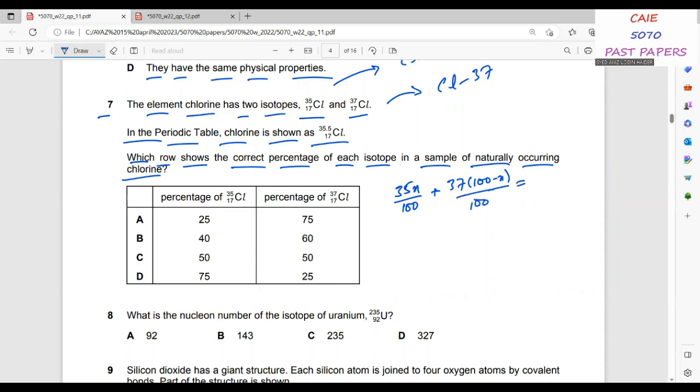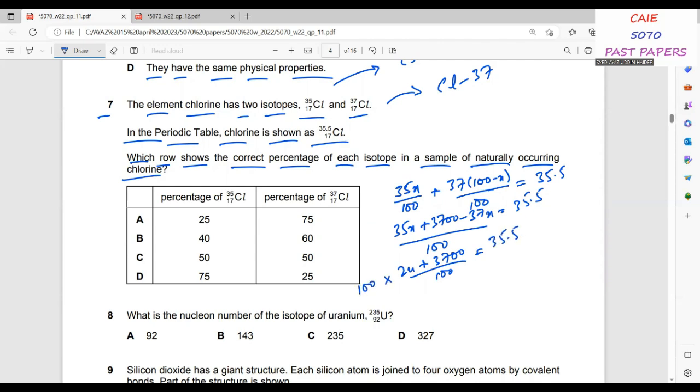The mass is given, that is 35.5. Now solve it. We take the LCM, 100: 35X plus 37 times (100 minus X) is equal to 35.5. Further solving, we get (35X plus 3700 minus 37X) divided by 100 is equal to 35.5.